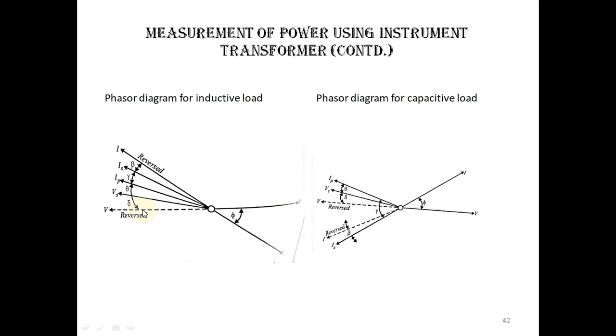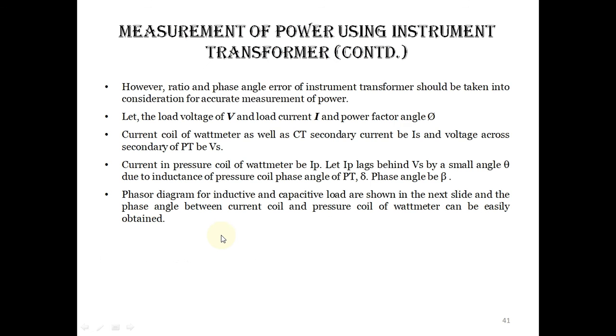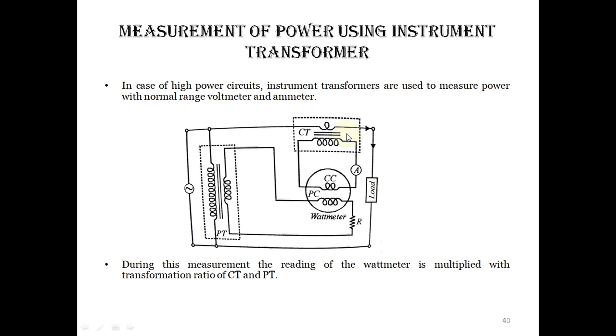Both of them are reversed. You may ask why, sir? Because here you see these are inductive circuits. So you know that due to dot notation, the phasor may get changed. If you just imagine the phasor diagram of a transformer, what is V1, where is V2? There is a 180 degree phase lag.